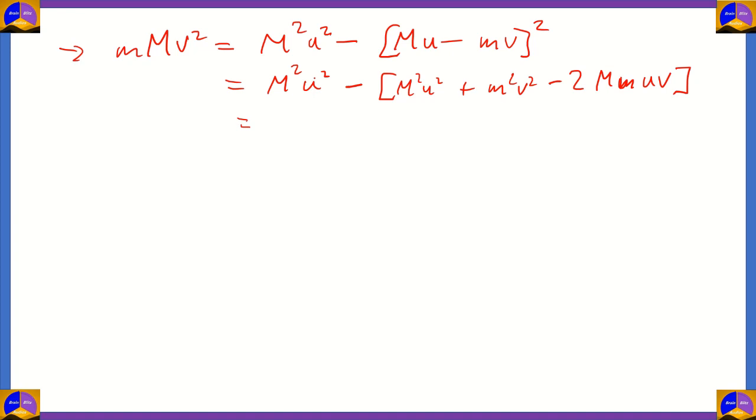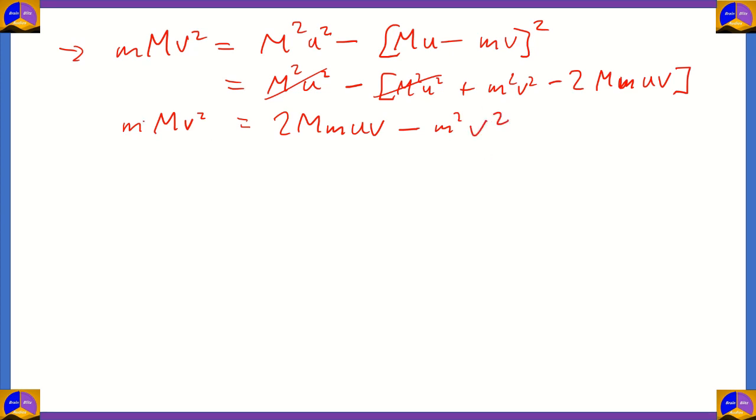So basically in this case you will have M squared u squared and M squared u squared getting cancelled, and then since the sign outside the bracket is negative, you get 2 M m u v equal to m M v squared. We also have minus m squared v squared on the right hand side.